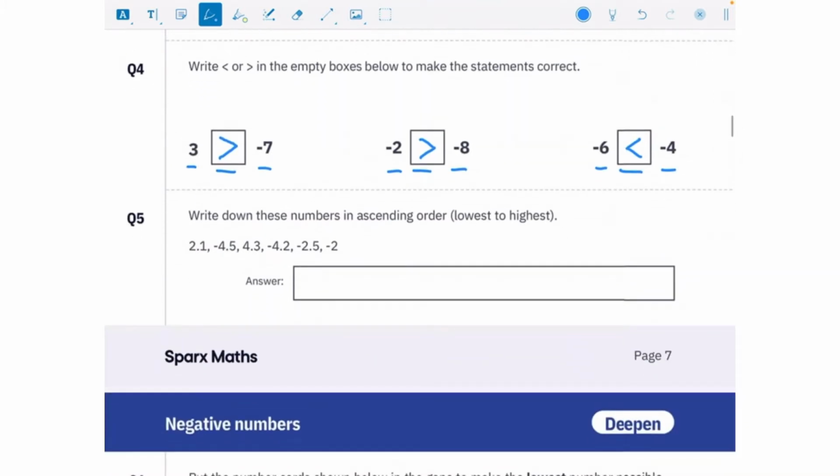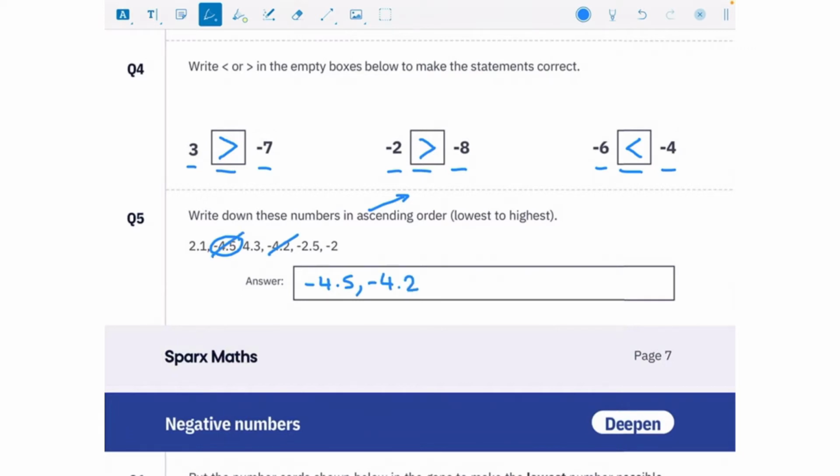Question number 5, write down these numbers in ascending order again. So ascending order means lowest to highest. The smallest then is going to be the most into the negative, and that is minus 4.5. A bigger number with a negative is going to go more into the negative and therefore be the smallest. So minus 4.5. Then we've got minus 4.2.